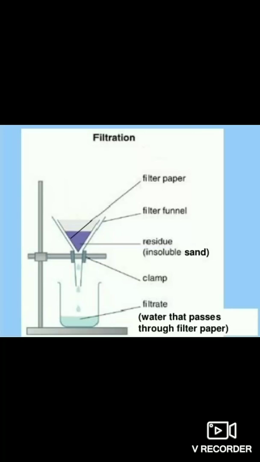You can see that clear water passes through the filter paper and collects drop by drop in the beaker below as the filtrate. The chalk powder is left on the filter paper as the residue. So we can say that the filtration method is useful for separating insoluble solid particles from a liquid.